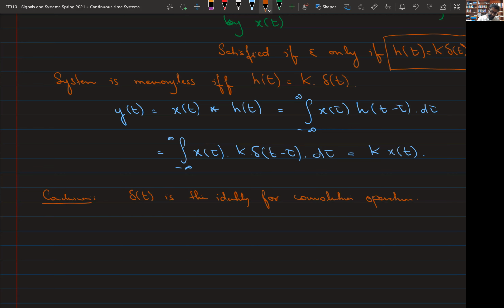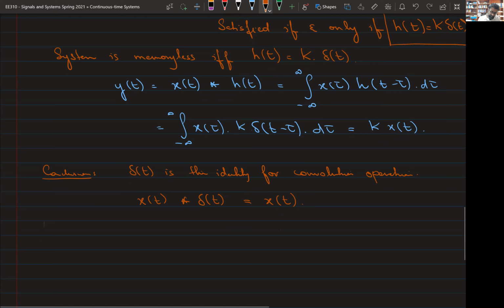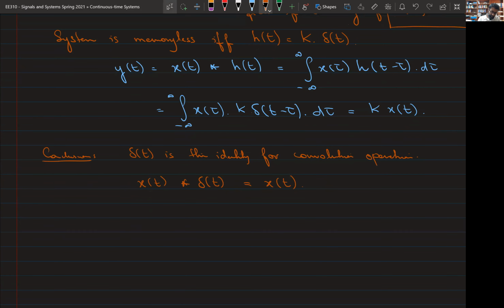In other words, what that means is that x of t convolved with delta of t must be equal to x of t. Okay? Now here's the question. What about the following? y of t equals x of t convolved with delta of t minus t naught. What would this be?